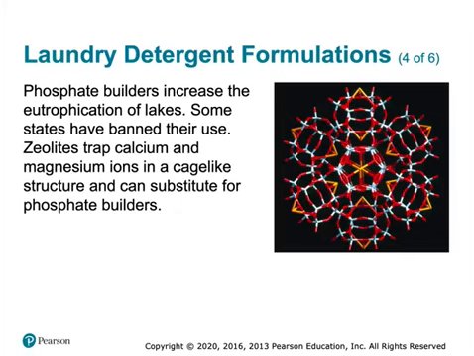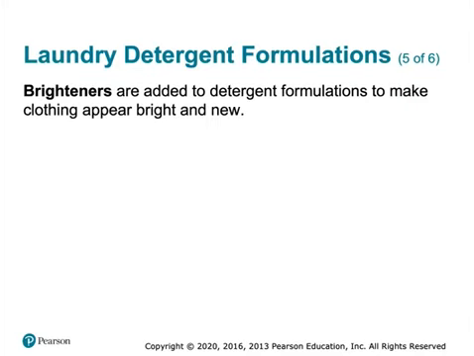Because phosphate can cause eutrophication, especially in the Mississippi River Valley, some states have banned their use. Use zeolite instead. You can use EDTA as well. That's another option. Ethylenediaminetetraacetate. That's something that can be used instead.